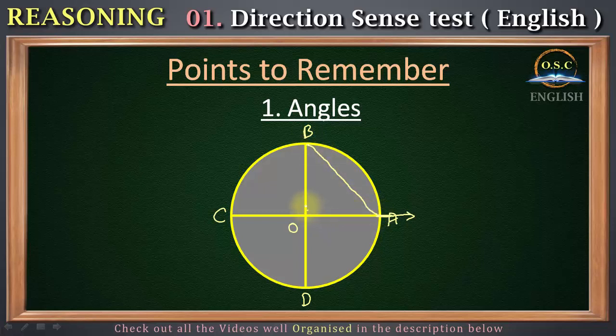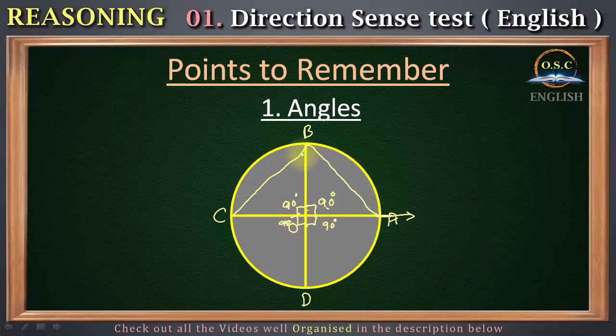In a right angle, the angle formed at A, O and B will be 90 degrees, always. In the same way, B, O and C will be 90 degrees, and here there is going to be 90, and here there is going to be 90.